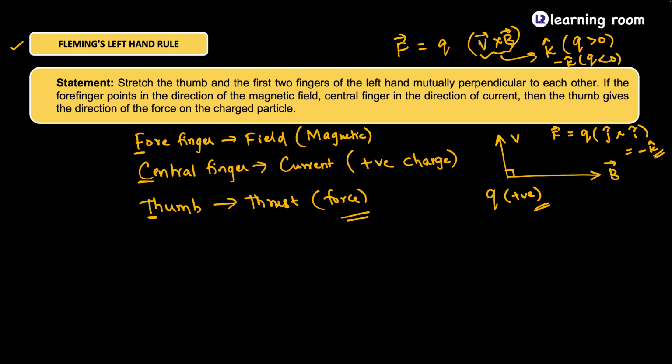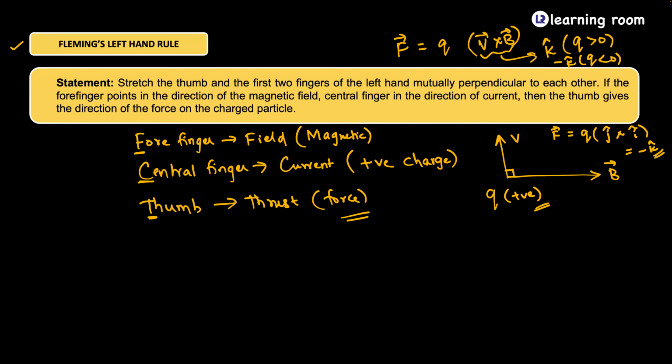So you know the direction of current and you know the direction of field. So you know the direction of these two fingers. First, extend your forefinger, place it in the direction of field. Then extend the central finger, adjust it in such a way that it is matching with the direction. When you do this, then you extend the thumb, that will automatically give you the direction of the force.